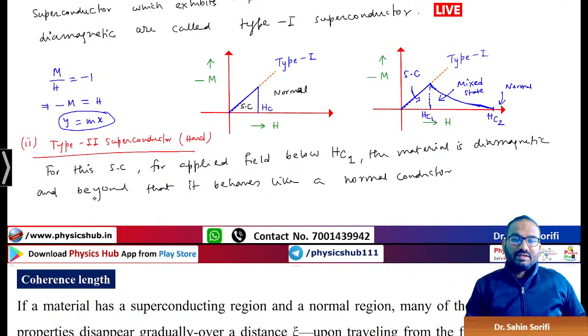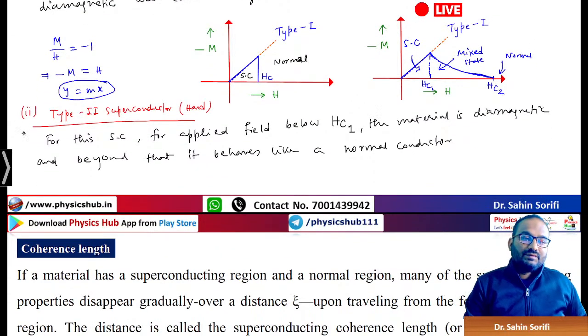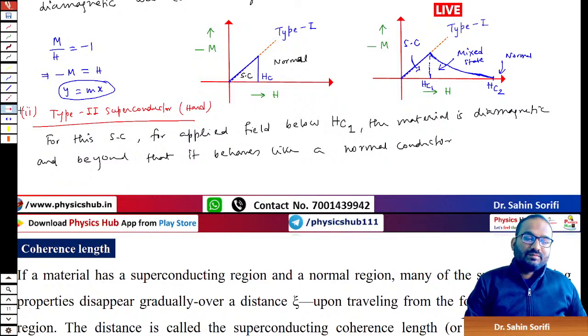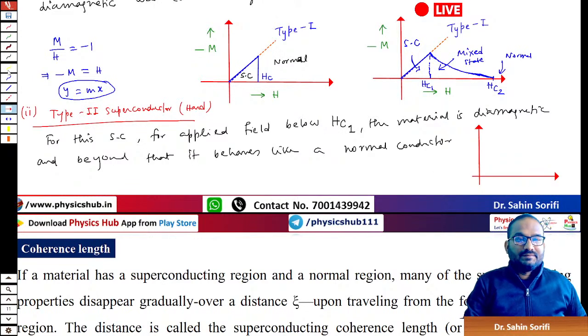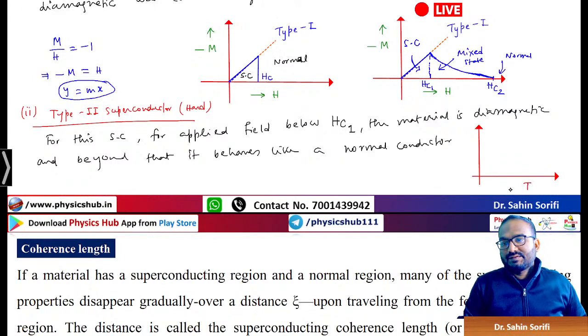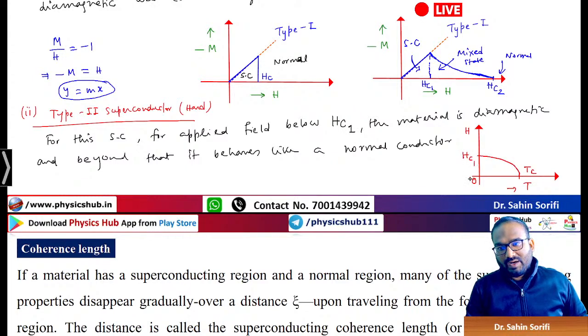This thing we can also show with the help of a critical temperature plot. Let's say this is H and this is the temperature scale. Let's say this temperature is Tc. So you are keeping under Tc. This value is Hc1.